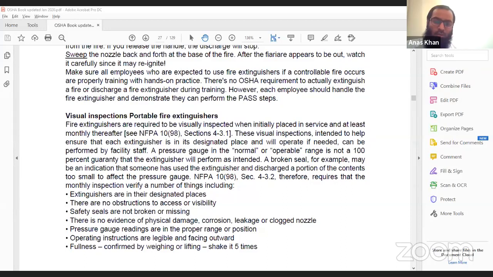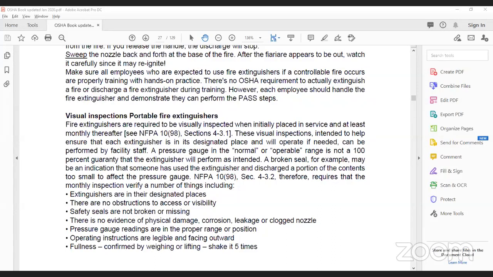Yeah. If anyone from my group would like to add, they are free to share. What are you going to see during the inspection of fire extinguishers, apart from pin and nozzle? There are a number of requirements mentioned here.